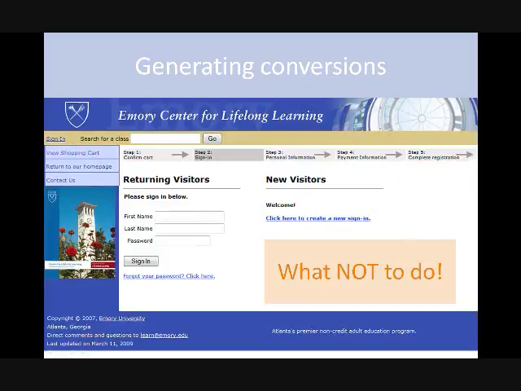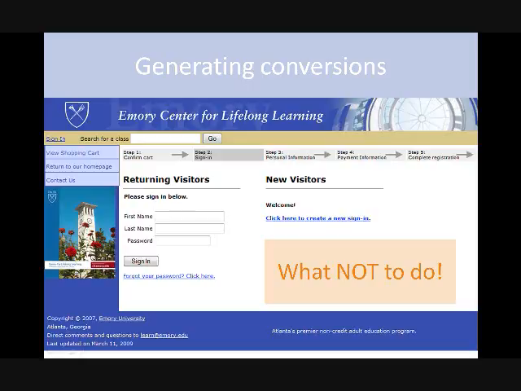Quick examples of things to avoid or things to watch out for when you're trying to increase your conversions. One thing that we know, and this doesn't come from our industry, but this is a broader statistic, is that forcing people to sign up for an account, which is what you see here.